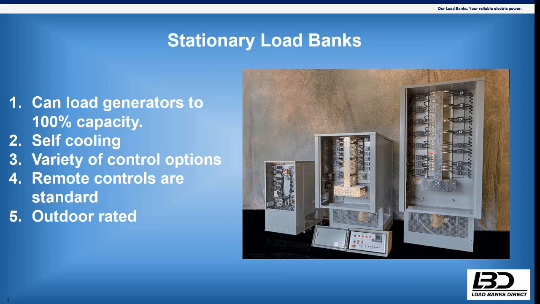Picture here on this first slide, just a quick little reference moving from left to right. That's our smallest cabinet we personally offer. We can get up to 200 kW in this small enclosure here. This one next door to it in the middle here, we can get up to 800 kW.